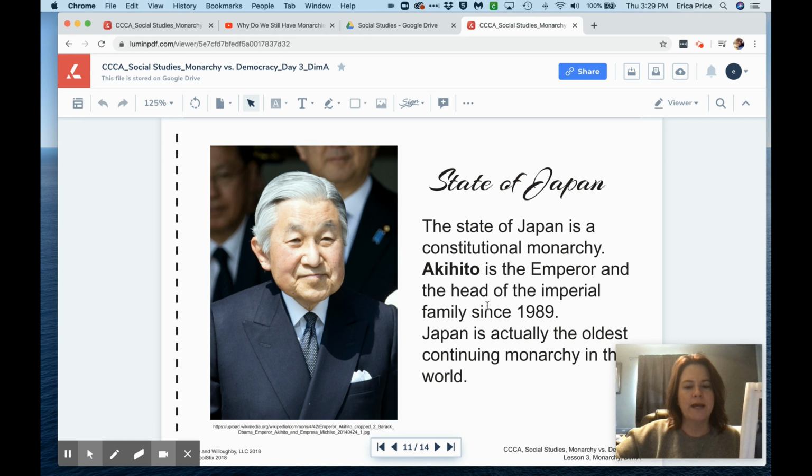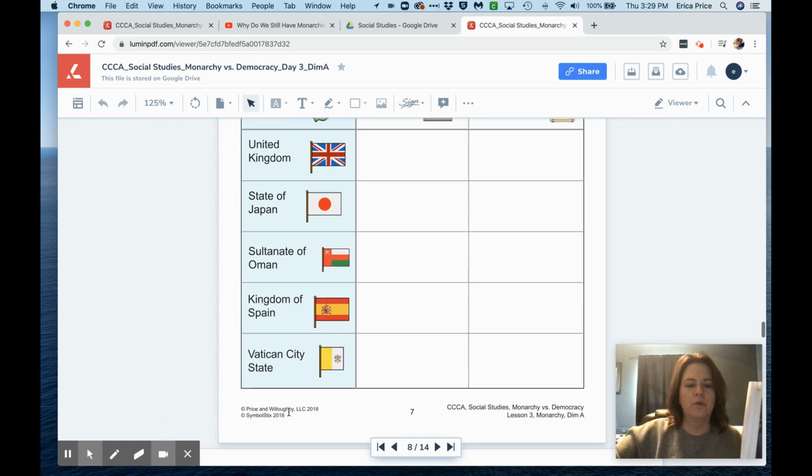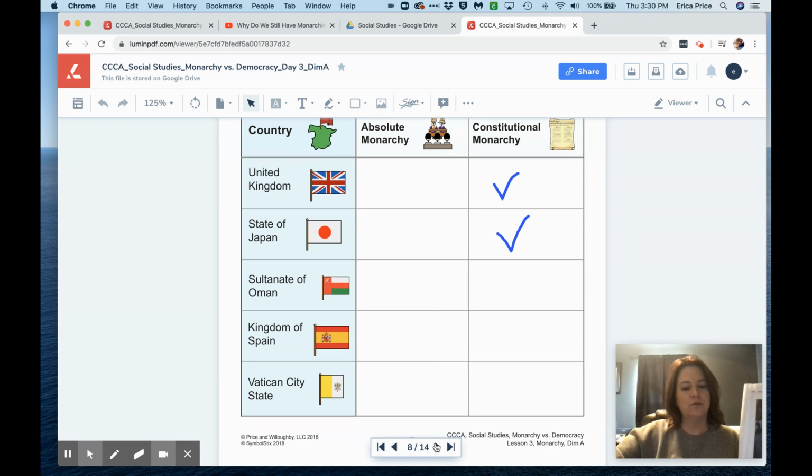So if we scroll back up to our chart, we're going to see that when we read about the United Kingdom, they were a constitutional monarchy. We just read about the state of Japan. They also are a constitutional monarchy. And if you remember when we were reading about the differences between absolute and constitutional, it said that absolute is very rare, which we're already seeing because the first 2 we've read about have been constitutional monarchies. Okay, let's go to our next page.